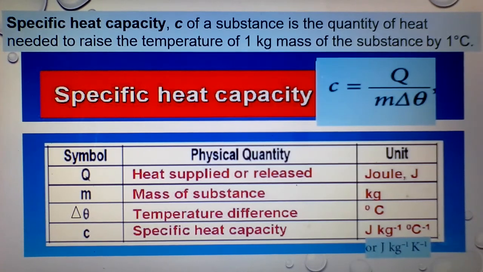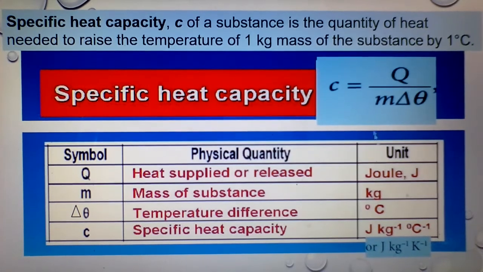Okay, the small c, specific heat capacity. The unit for specific heat capacity is joule per kg per degree Celsius. So we get J kg^-1 °C^-1. Or you can also write J kg^-1 K^-1.